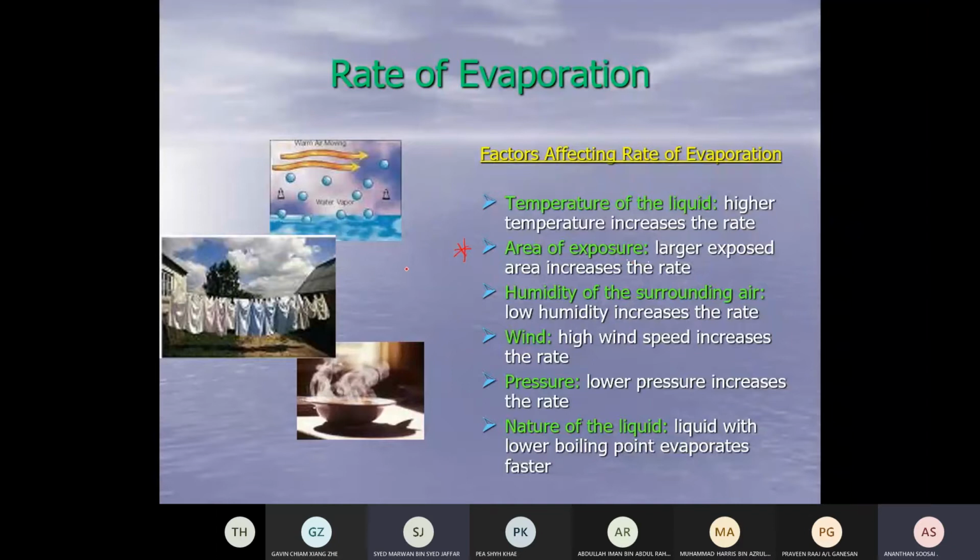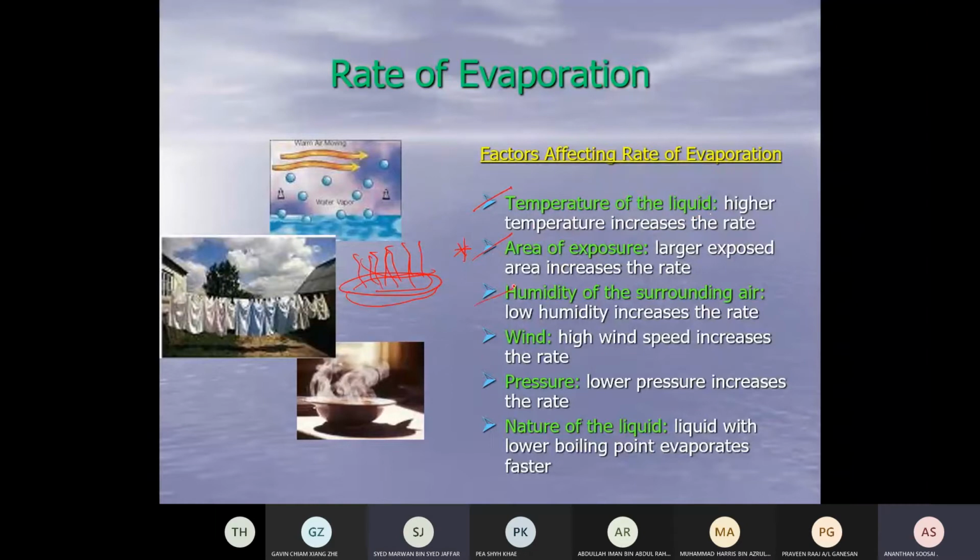You can see some old people when they drink coffee, they normally pour the coffee on a plate to expose it to a bigger area, so the rate of evaporation becomes faster. Area of exposure affects evaporation. Definitely temperature of the liquid: the higher the temperature, the faster the rate of evaporation.